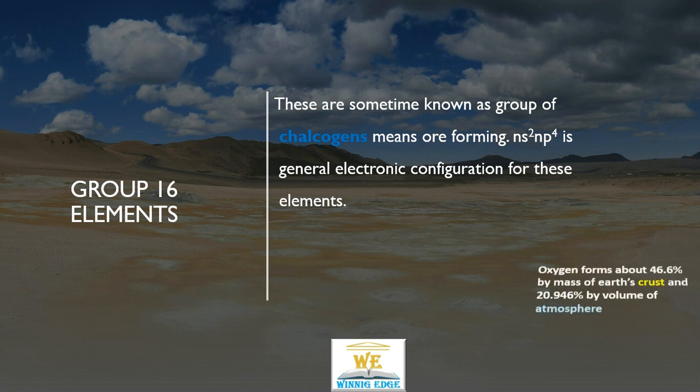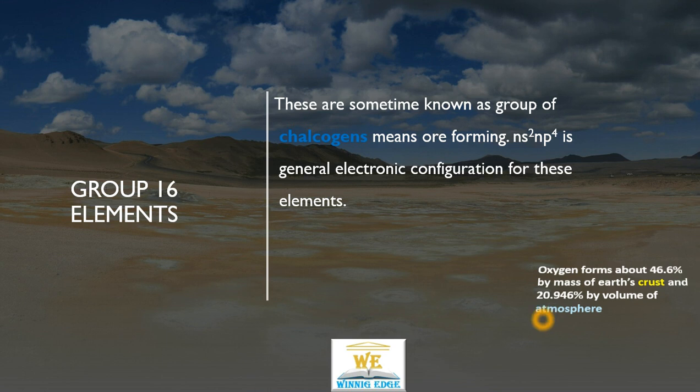Oxygen forms a major chunk of the Earth's crust. By mass, it is 46.6%, in compounds like silicon oxides and aluminum oxides. Many minerals have oxygen in them.